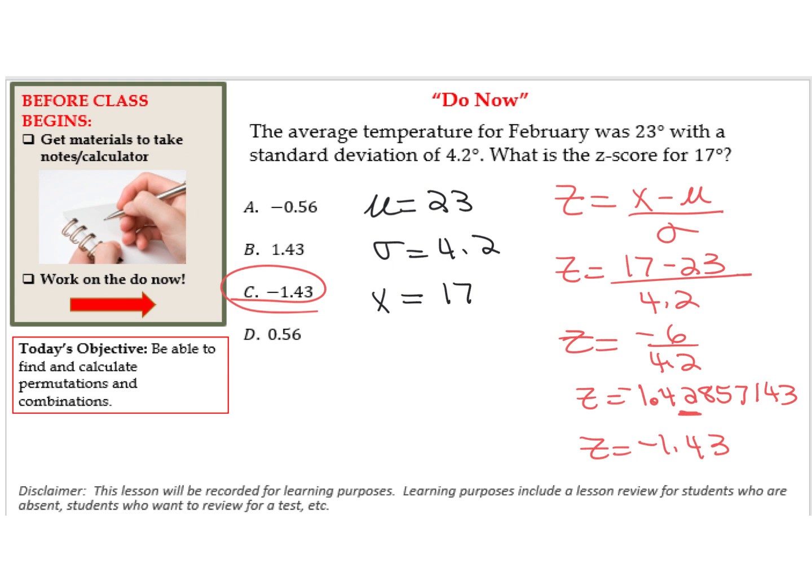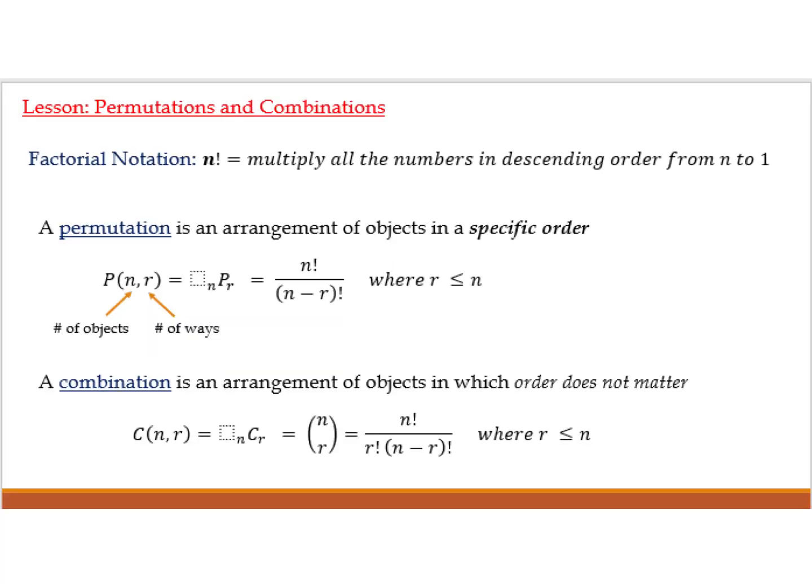All right, our lesson is going to be about permutations and combinations, and we are going to be using something that is called factorial notation. And that is shown as n with an exclamation mark after it, which is read n factorial. That means that we are going to multiply all the numbers in descending order from n to 1.